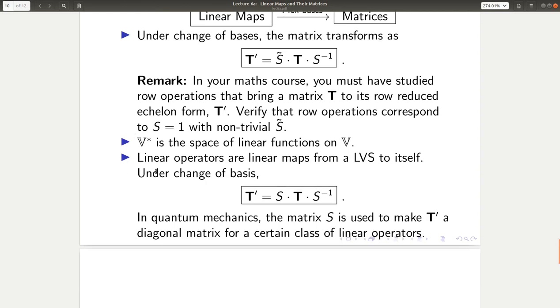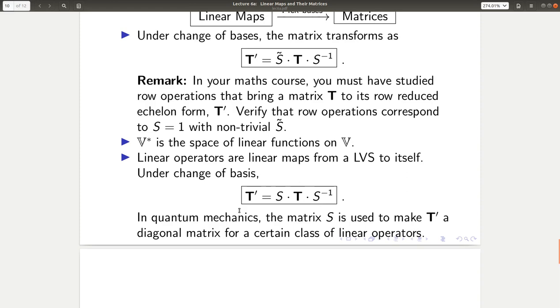And linear operators, remember, are linear maps from a vector space to itself, and we saw that under change of basis T prime goes to S T S inverse. Now in quantum mechanics, the matrix S is usually used to make T prime into standard form, and if the matrix T is nice, it will be a diagonal matrix, and the diagonal entries would be the eigenvalues of that matrix.